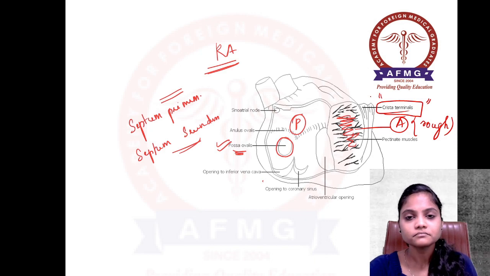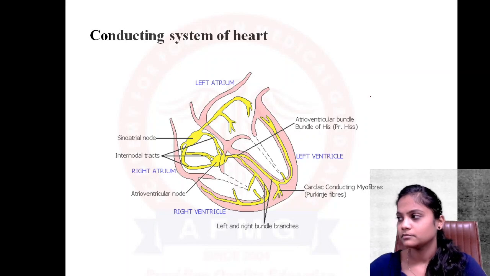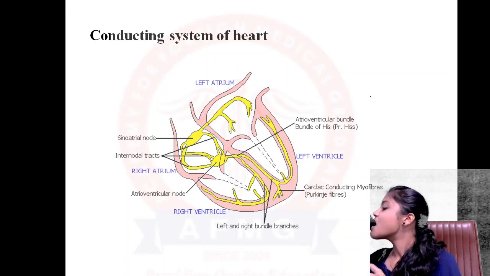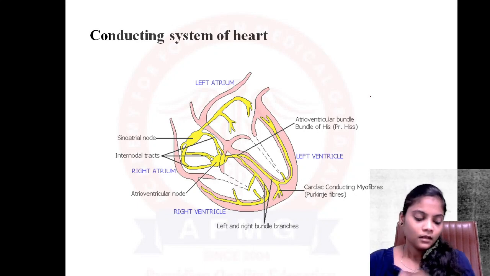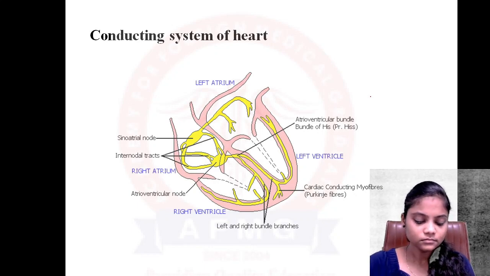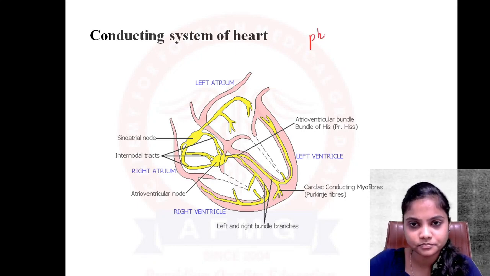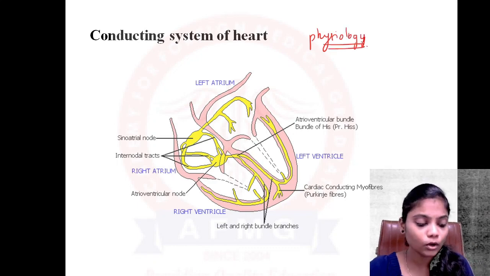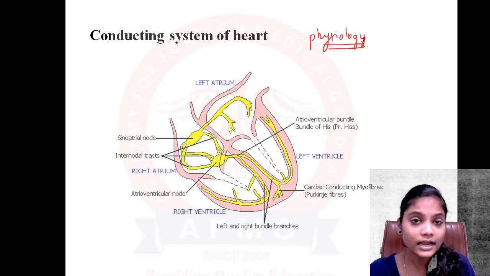Now we are going to see a short note on the conducting system of the heart, the physiological view. What do you have to know about the physiological view of the heart, regarding the chambers, all the systems and the conducting part? That is very important.